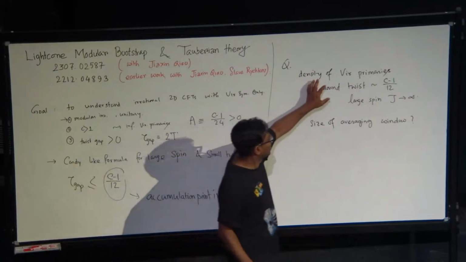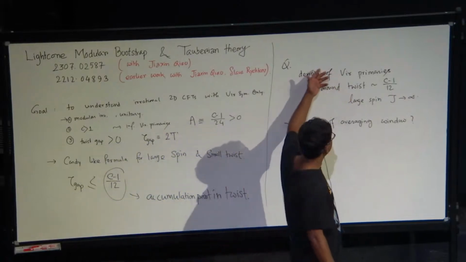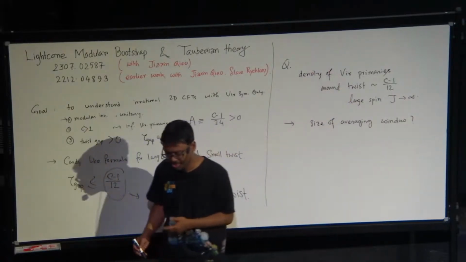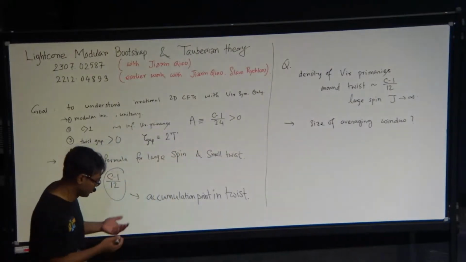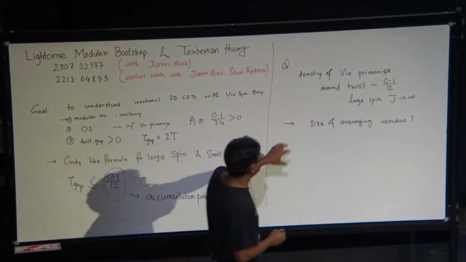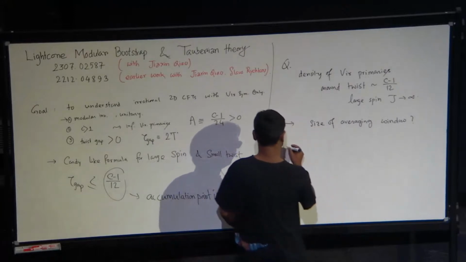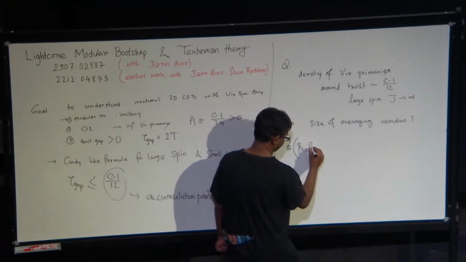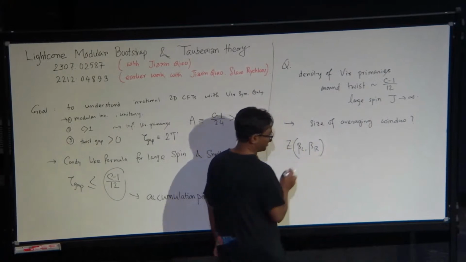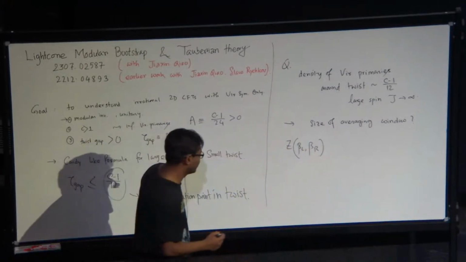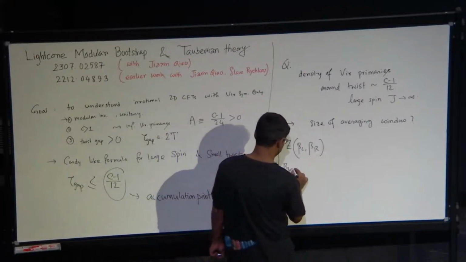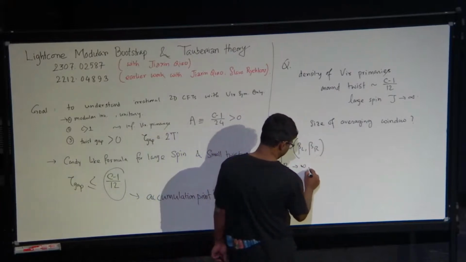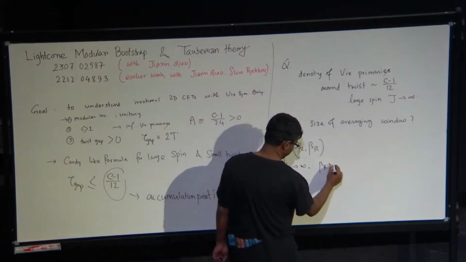And of course, people have argued for some formulas for the density of Virasoro primaries based on intuitive arguments using light cone bootstrap. And those rough arguments go like this: you look at the partition function with different left-moving and right-moving temperatures, and then you take beta L to infinity and beta R to 0.